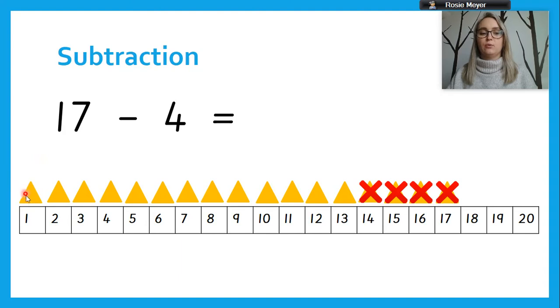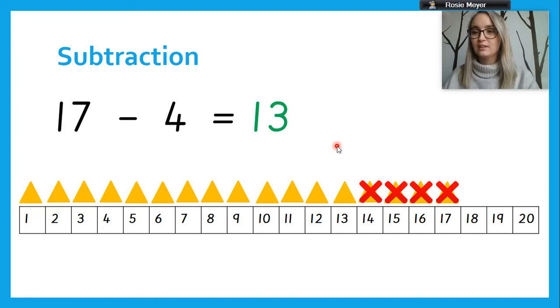So let's count together. 1, 2, 3, 4, 5, 6, 7, 8, 9, 10, 11, 12, 13. We have 13 triangles left over. So 17 subtract 4 equals 13.